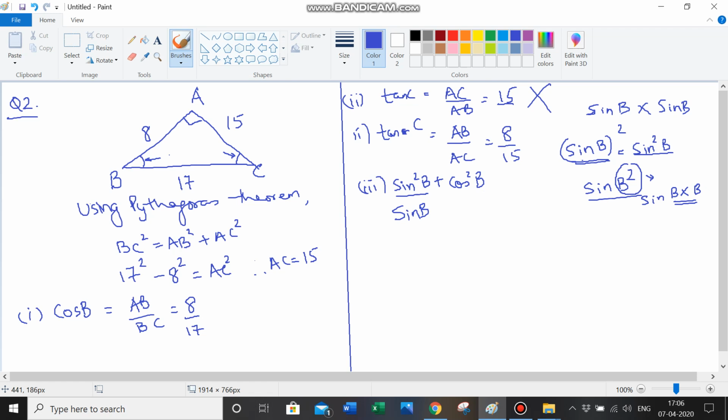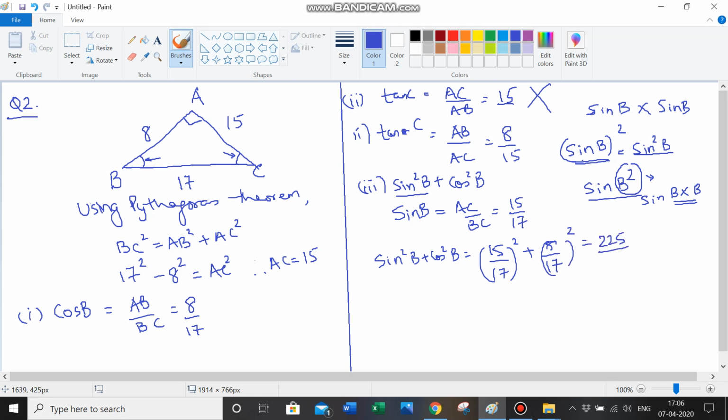So we are looking at reference angle B. Sine would be opposite, which is AC, upon BC. AC is equal to 15, BC is equal to 17. So sine square B plus cos square B will be equal to 15 upon 17 whole square plus cos B, which we've already calculated, 8 upon 17 whole square. 15 square is 225, 17 square 289, 8 square 64, 17 square 289.